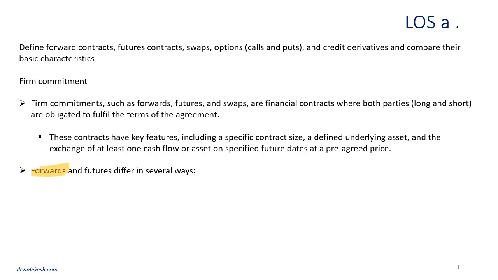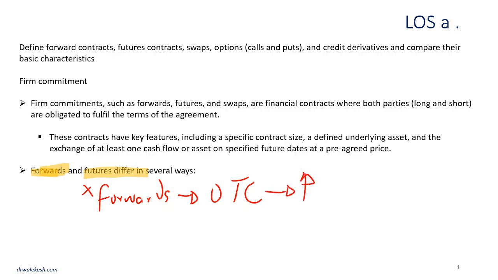So let's look at some few differences between forwards and futures. The first thing to note is that when it comes to forward contracts, it is an over-the-counter contract, and that implies that we are dealing with higher counterparty risk.